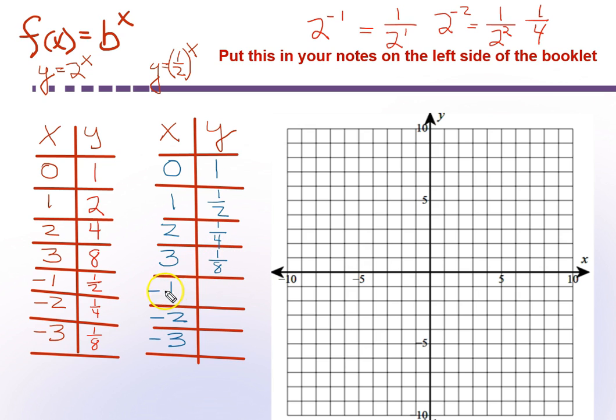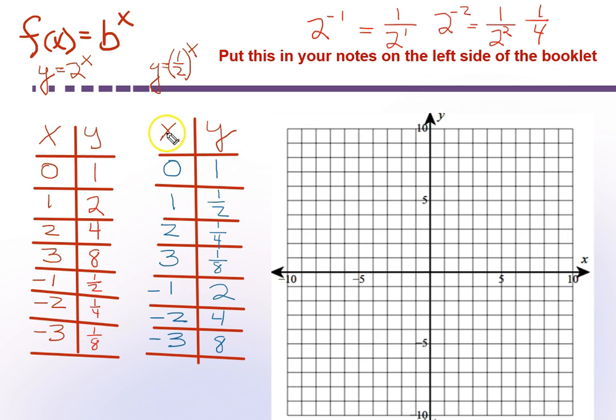Now, the negative will be the reciprocal. So the reciprocal of 1/2 is 2. The reciprocal of 1/4 is 4, and then this one is 8. So there is a little pattern and a lot of math.